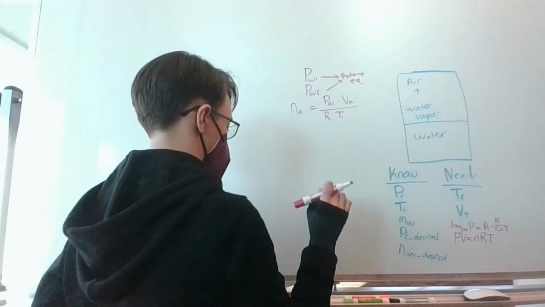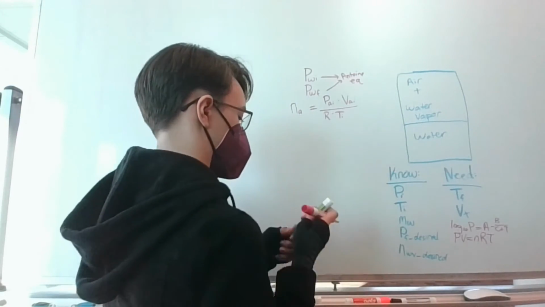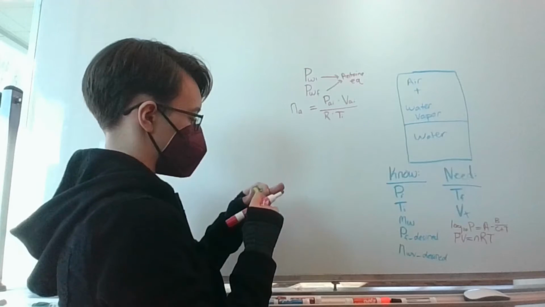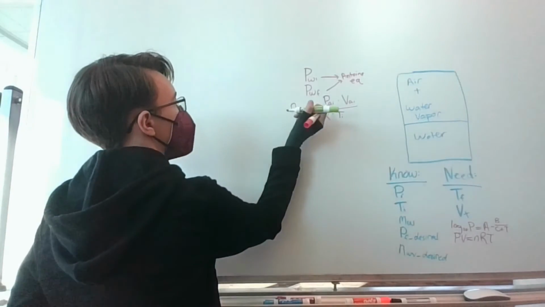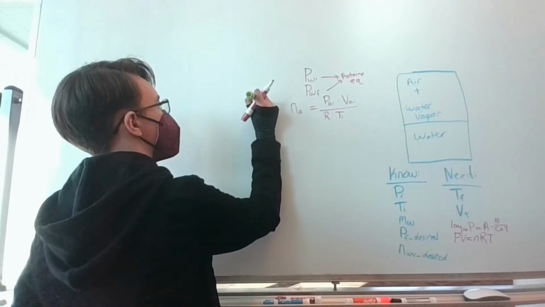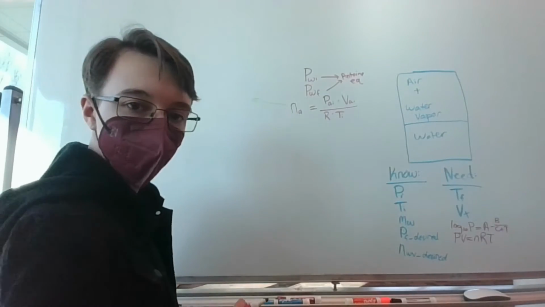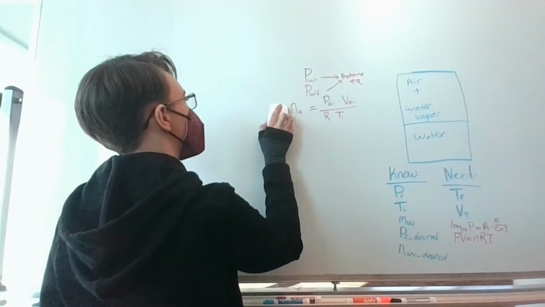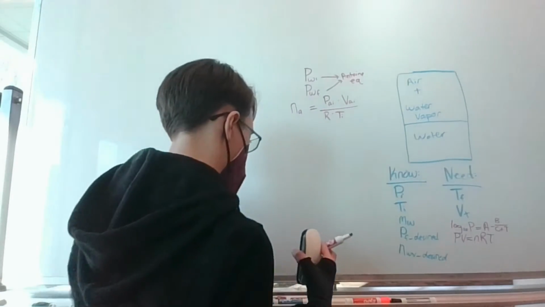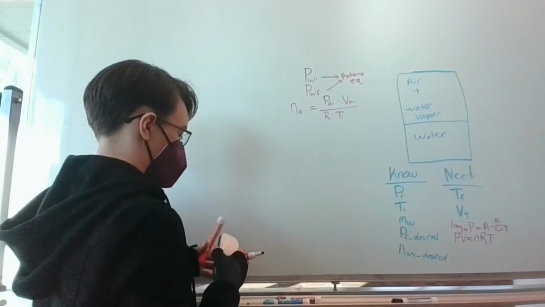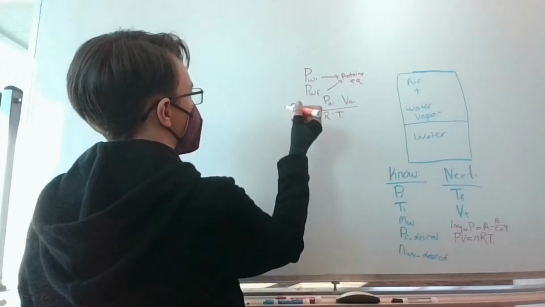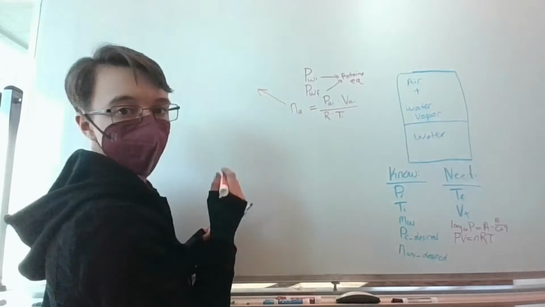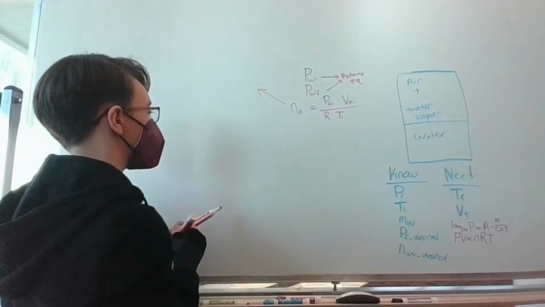So that's pretty straightforward. I'm going to draw my arrows in a different color so it's more clear. So we're going to take that up there. You can't really see that color. Let me try a different one. Okay, that one's better.